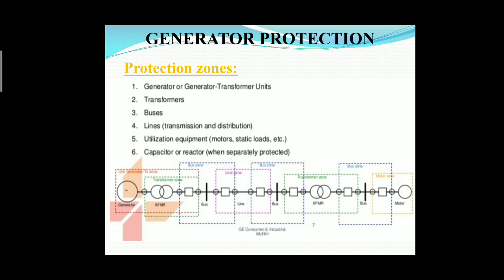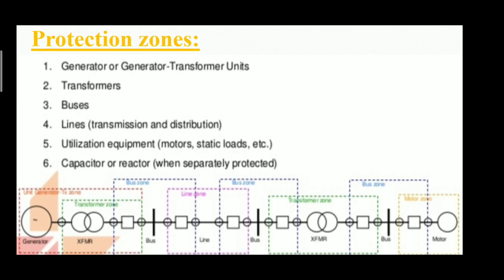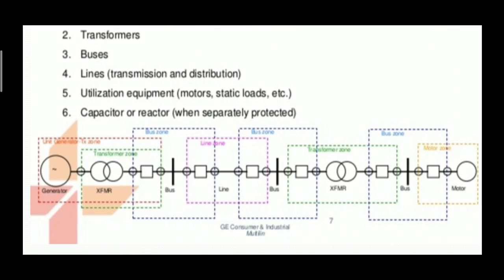Okay, these are the various protective zones. In this case we have many generators and transformers. In each and every section we are giving the protection, that is for the transformers, generators, and the set of generator and transformers.